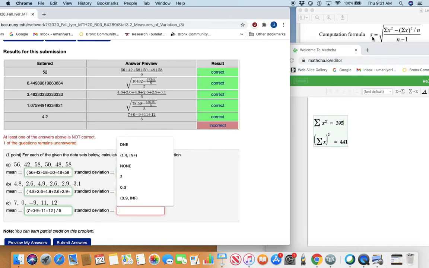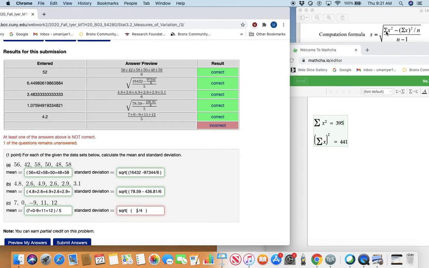Standard deviation is square root. So place big parenthesis, you have space, of a fraction, denominator is n minus 1, n is 1, 2, 3, 4, 5. So 5 minus 1 is a 4. And now numerator is complicated, so place that in parenthesis.